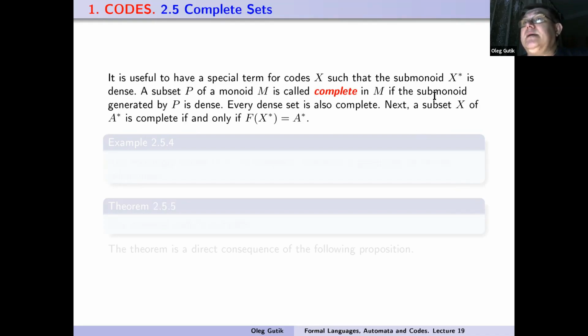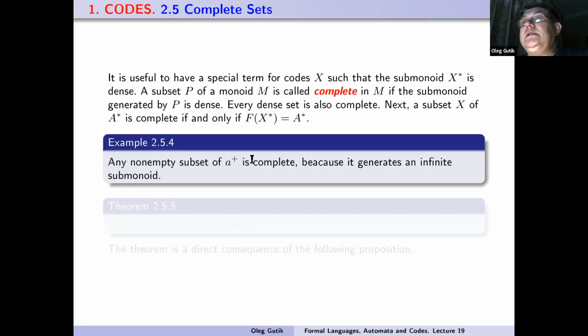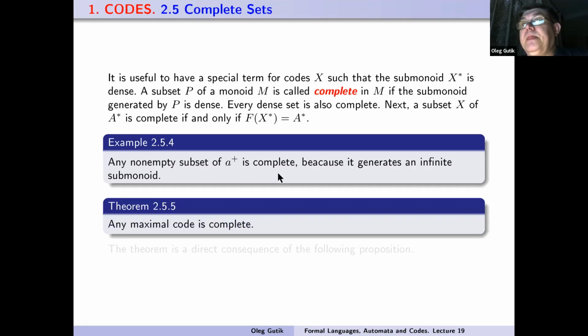Next, a subset X of a free monoid A star is complete if and only if the image by F of X star is equal to the free monoid A star. Example: any non-empty subset of the free semigroup generated by element a is complete because it generates an infinite submonoid. Theorem: any maximal code is complete.